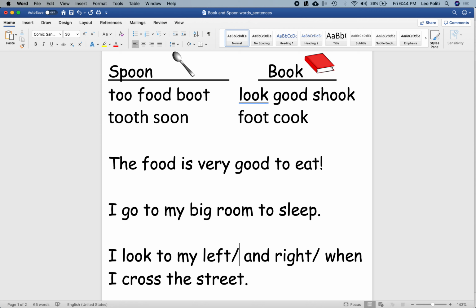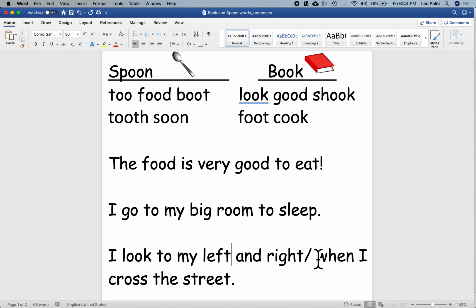Or you might chunk it like this. I look to my left and my right when I cross the street. Okay, so you can do that too. But in reality, there are no slashes there, so you have to pretend you see it. You break it up like this, chunk it. I look to my left and right when I cross the street.